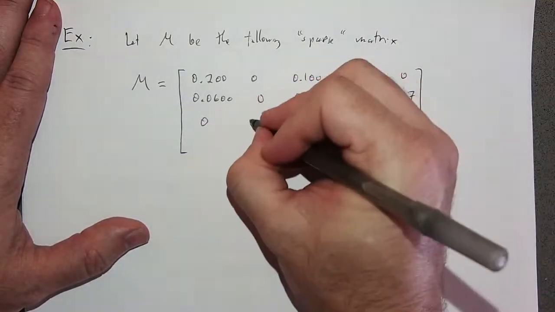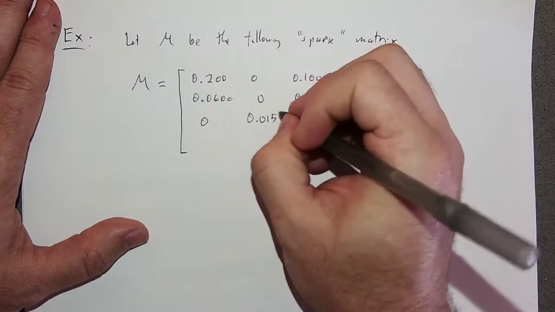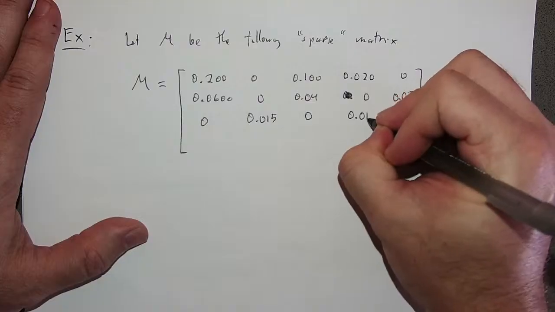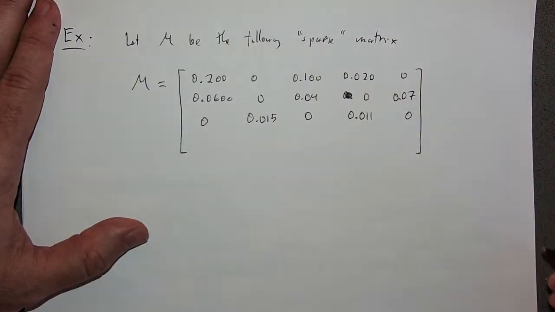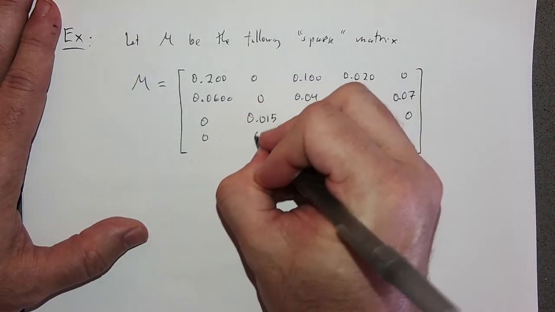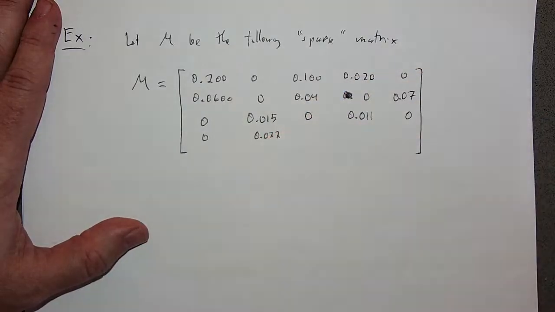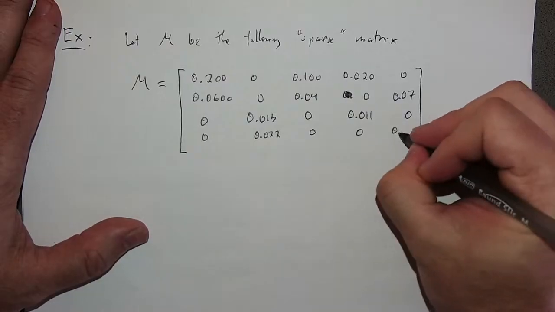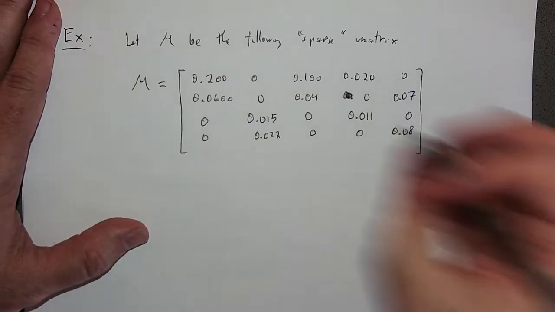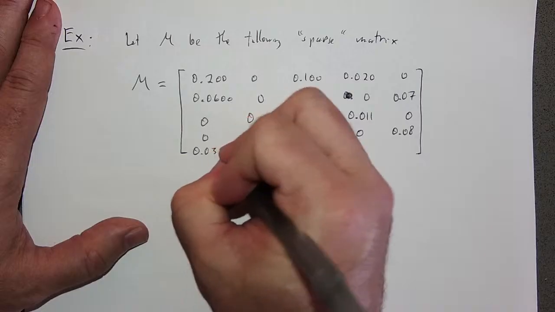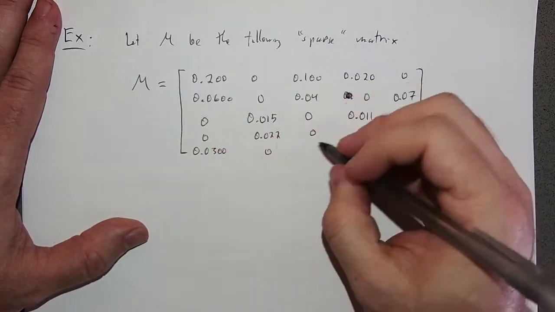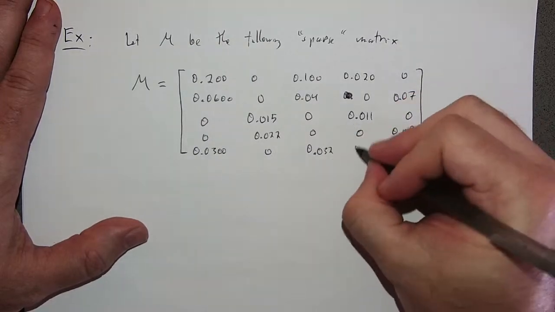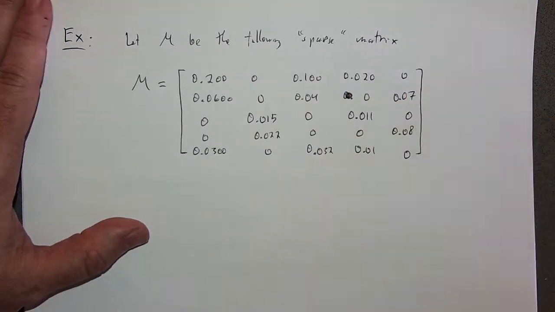Next, 0, 0.015, 0, 0.011, 0, 0, 0.022, 0, 0, 0.08, 0.0300, 0, 0.032, 0.01, and 0.